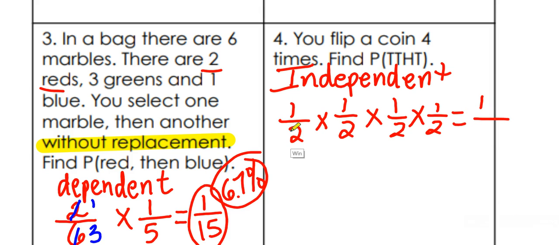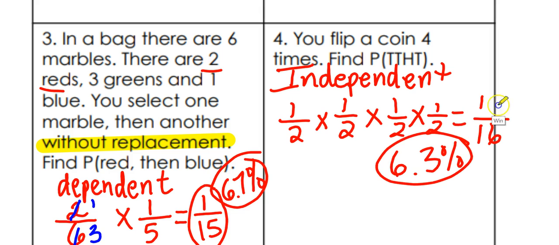And then 2 times 2 is 4, times 2 is 8, times 2 is 16. So I have a 1 out of 16 chance of getting 2 tails, a heads, then a tails. Let's figure out what 1 over 16 would be. 1 divided by 16 would be approximately a 6.3% chance of that happening.